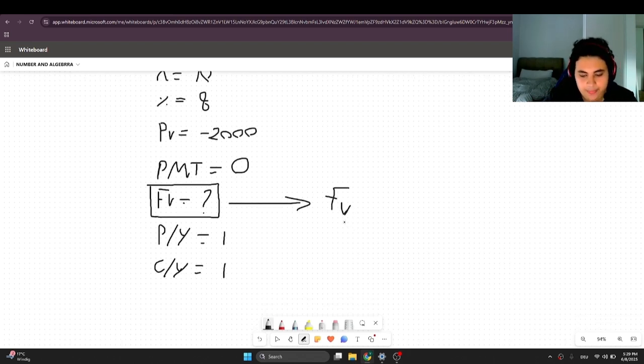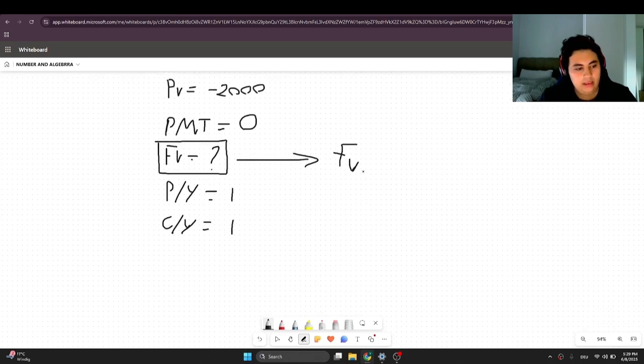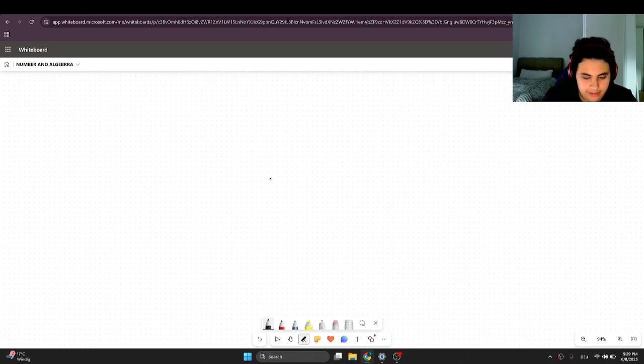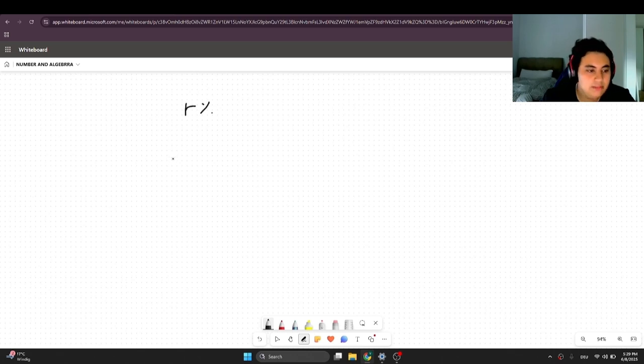Okay, cool. So we need to break down how this formula works. If an amount increases by a percentage of R, we multiply by 1 plus R divided by 100.